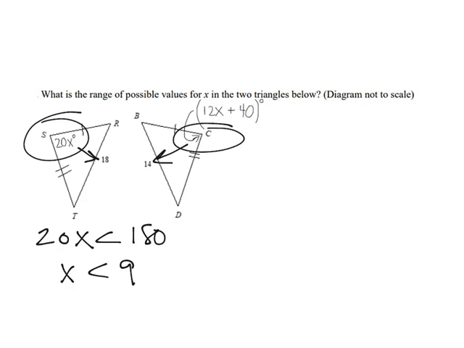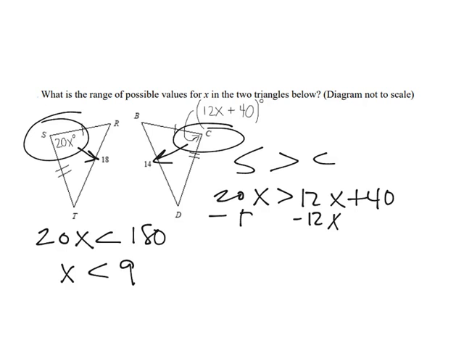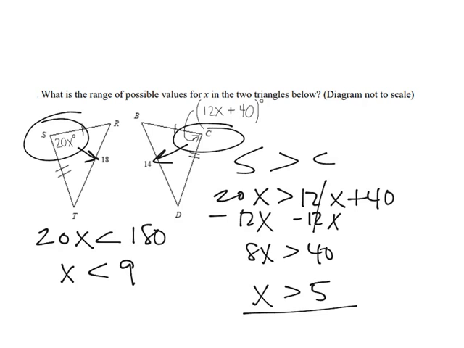If this is 12x plus 40, which is the C, then the angle on the other one, 20x, must be greater than the other angle C. So S must be greater than C. When I substitute in the values for those angles, I would say 20x is greater than 12x plus 40, because that's the value for C. We'll solve for x: 12x minus 12x, and I would get 8x is greater than 40. x is greater than 5.